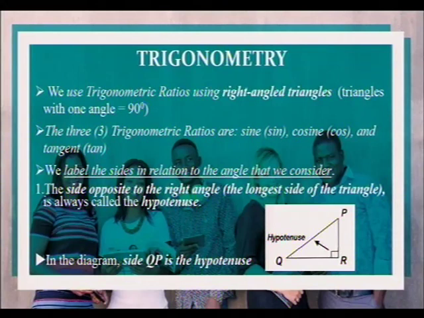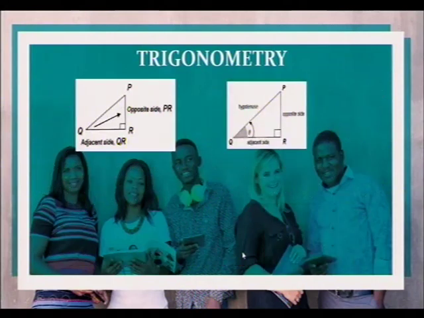The side opposite the right angle, as indicated on this shape, the longest side of the triangle, is called the hypotenuse. We can't emphasize it more. The side PQ is the hypotenuse, the longest one. Okay, trigonometry, the opposite side: when we are given this angle, this is opposite.